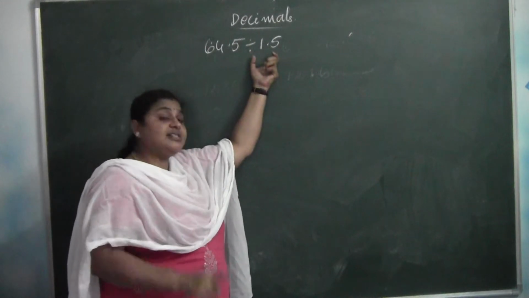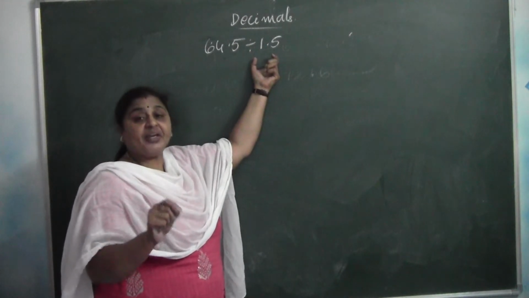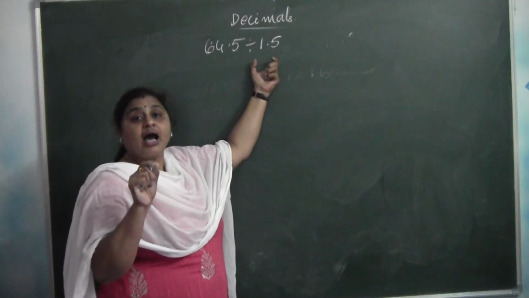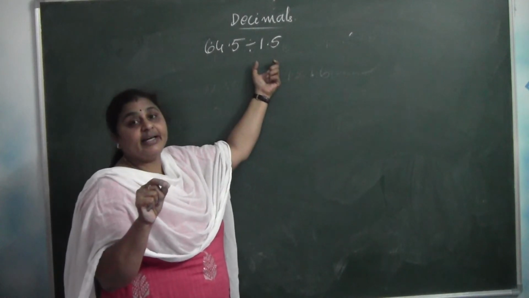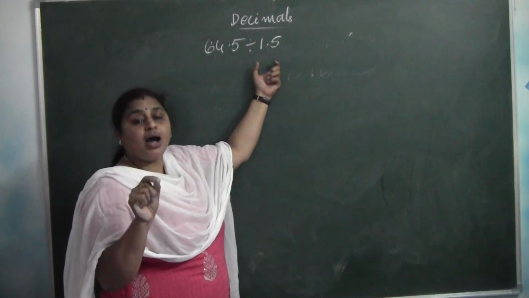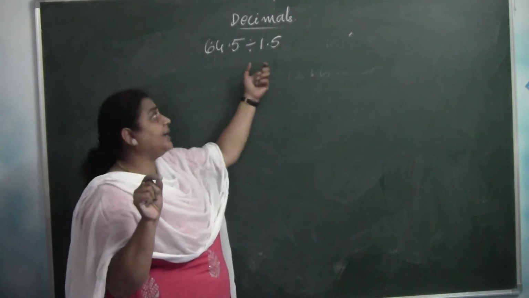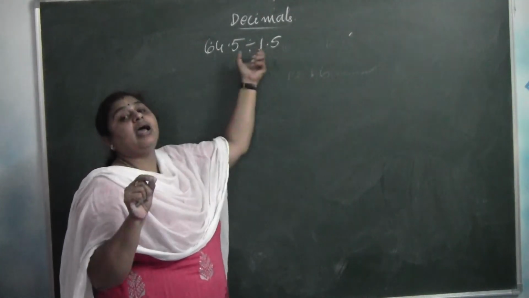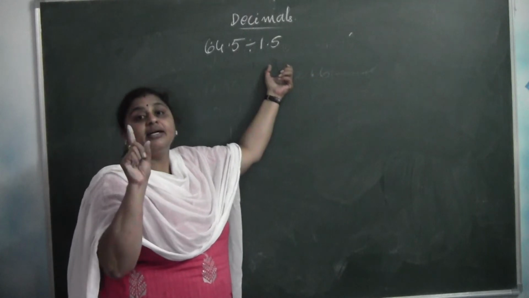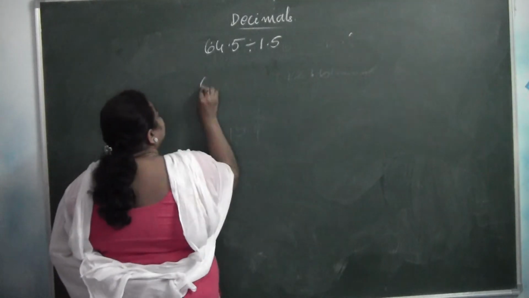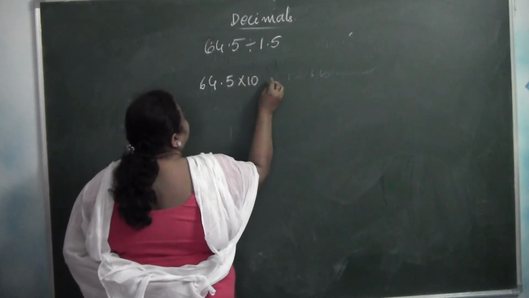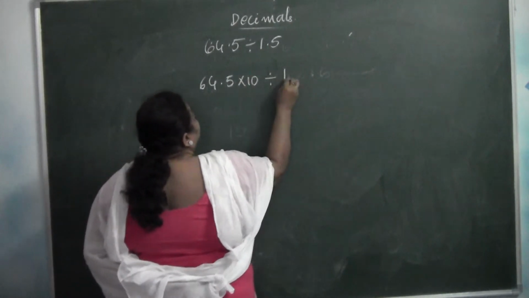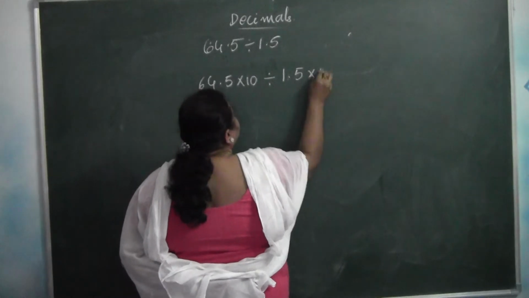If in the divisor, after decimal, you have 1 digit, then you are multiplying dividend and divisor with 10. It means 64.5 into 10 divided with 1.5 into 10.